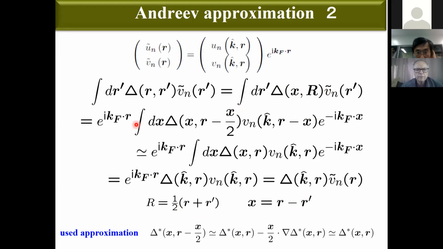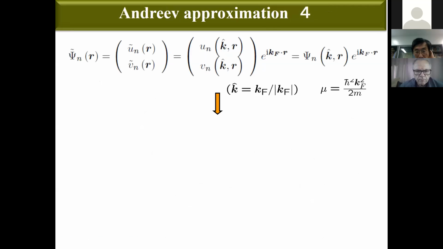We transform like that, applying this approximation, and we introduce a Fourier-transformed form of the pair potential as a function of the relative coordinate. So then we get this answer.